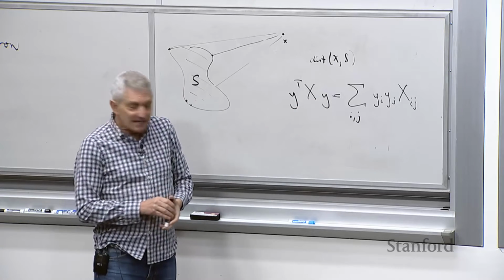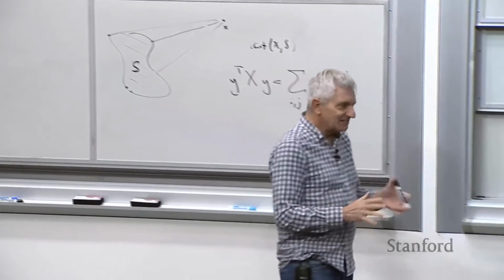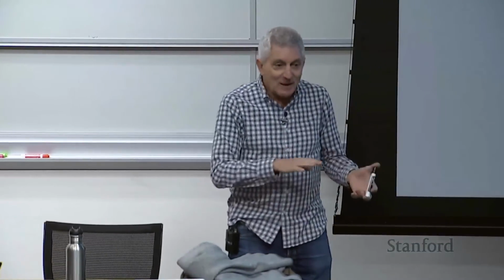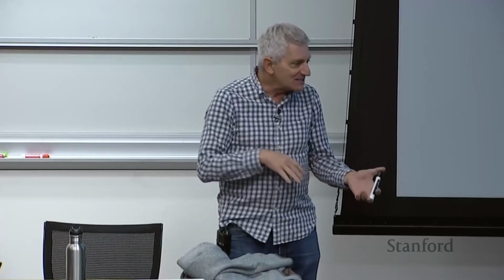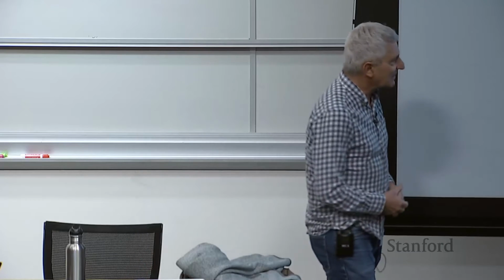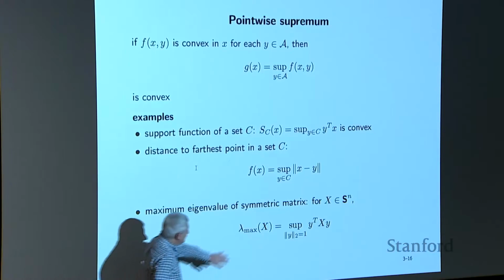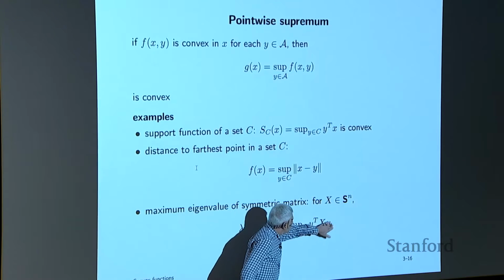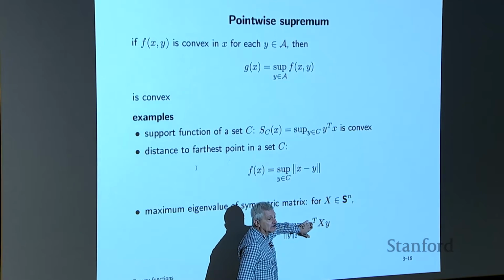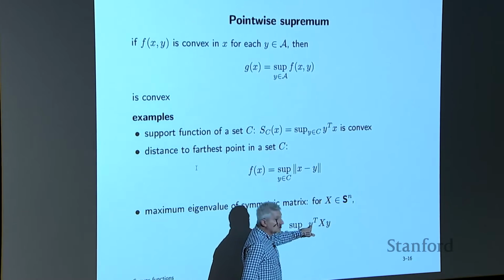So that's actually going to be sort of a theme, that a lot of times you just really have to be on your toes, reminding yourself what's the variable, what's not, all that kind of stuff. And things that don't look linear actually sometimes are. We'll get to examples of that. Okay, so here it is. This thing, y transpose Xy, is linear and therefore convex for any value of y.